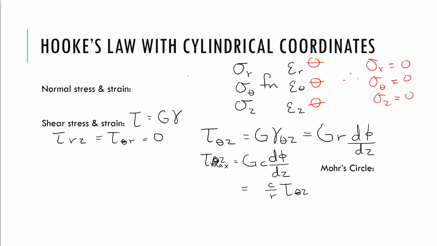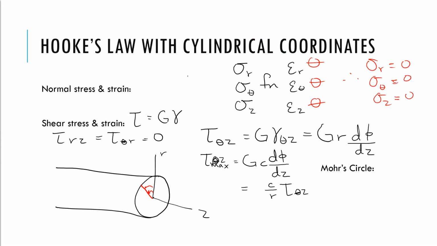So what this is saying is that if we look at this member, and this member has the Z direction and the R direction, our shear stress is linear. As R increases, our shear stress increases linearly.